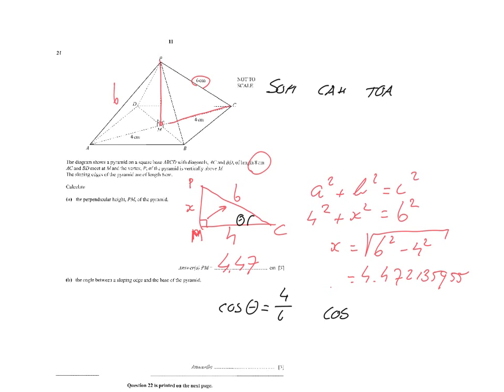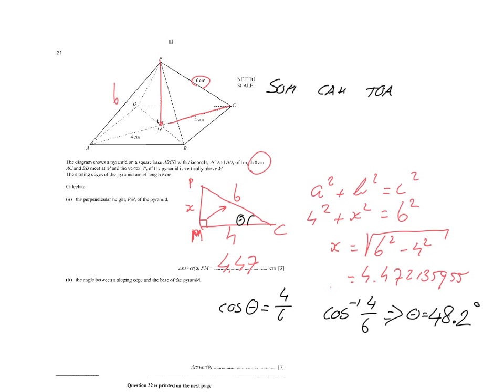Then to find the angle, you have to do the inverse, so theta equals, in your calculator, shift cos of 4 over 6 equals. And if you round that properly, I'm going to round that straight away to 1 decimal place, because it's an angle, you get 48.2 degrees.